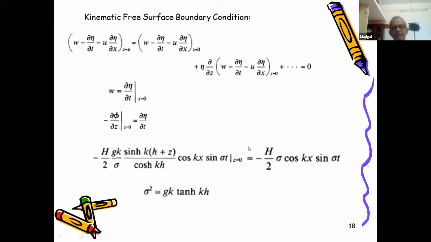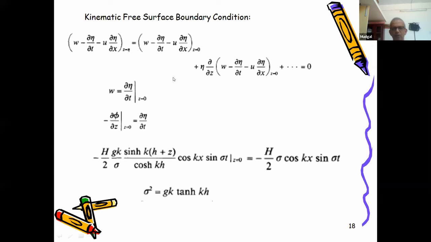And the next thing is you apply the kinematic free surface boundary condition just as you had applied the dynamic free surface boundary condition. From the kinematic free surface boundary condition, we still use the Taylor series, that the kinematic free surface boundary condition at z equal to eta is nothing but the kinematic free surface boundary condition at z equal to 0 plus eta into del by del z of the kinematic free surface boundary condition at z equal to 0.